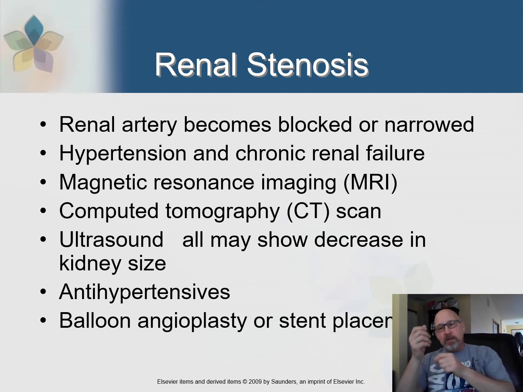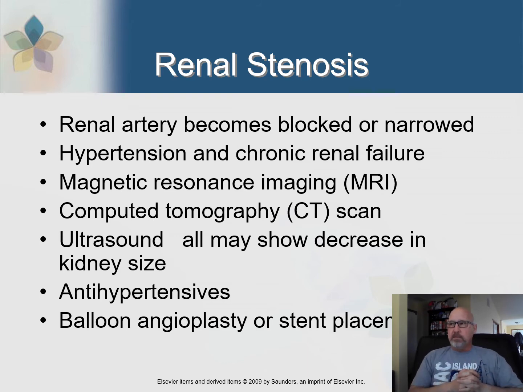Say you have a normal blood pressure of 120/80, but the blood going to the kidney is slowed down because of this narrowing or blockage in the renal artery. So the kidney feels like, oh, that pressure is only 90/50. In reality, the pressure is 120/80.